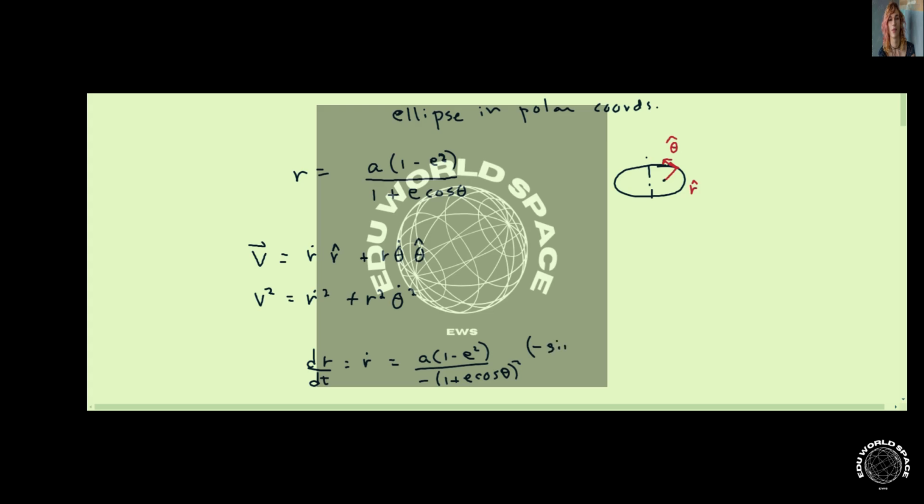And that would be negative sine of theta times theta dot. And a couple of negatives cancel out, and there's an e there too. Okay, so I'm going to actually write this in a slightly different way.